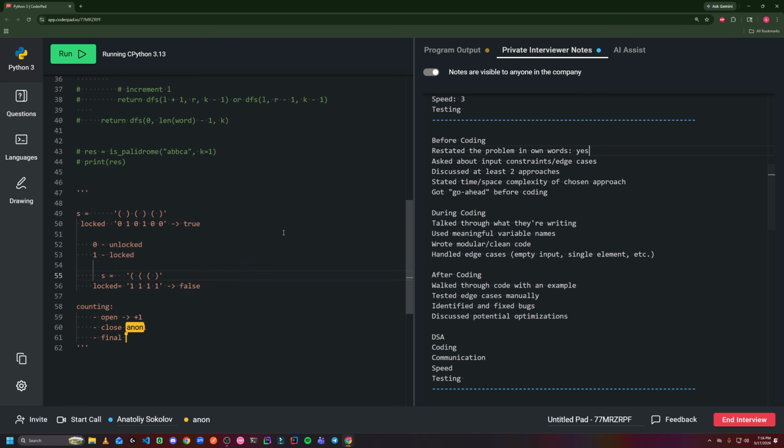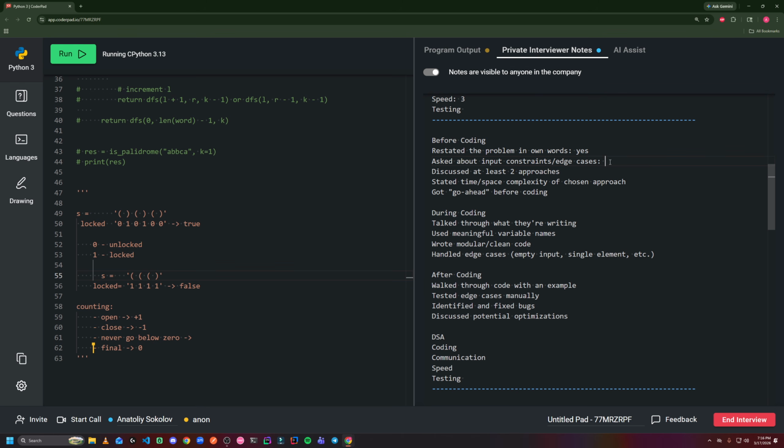For this to be valid, the final count should be 0, so we've balanced it. And I think we can also never go below 0, which would represent having a close before an open. I think this describes the simpler problem of no locked and unlocked.